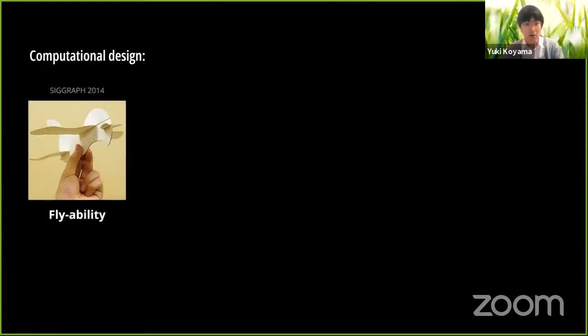And I have been working on such computational design research with my colleagues. For example, I worked with Nobuyuki on computational design of freeform model airplanes, where we solved an optimization problem to maximize the flyability of the user-created airplane.